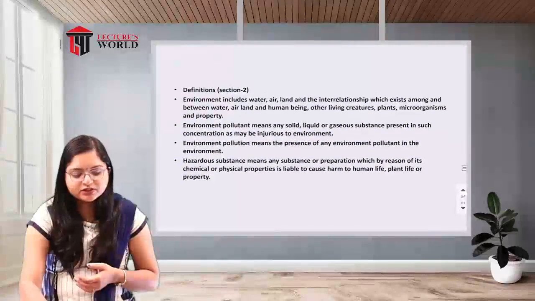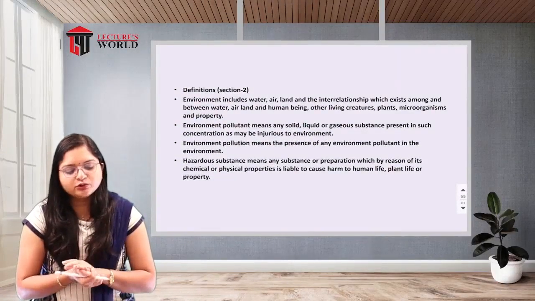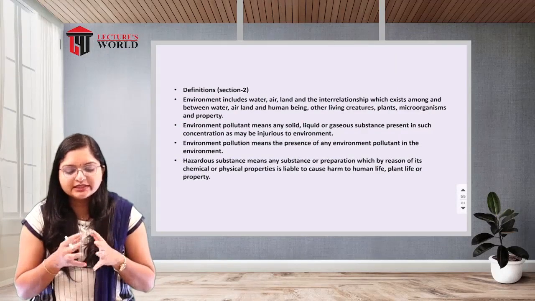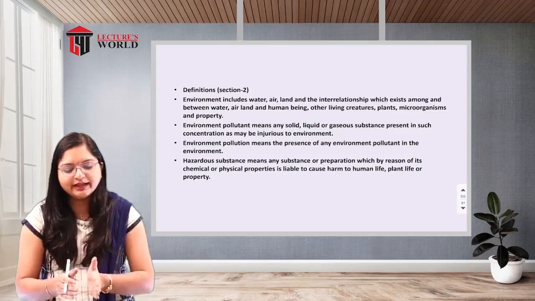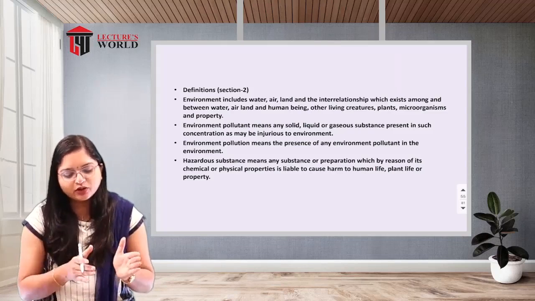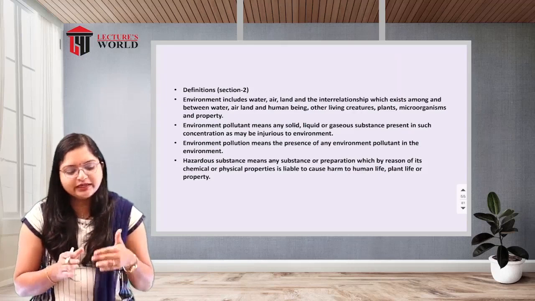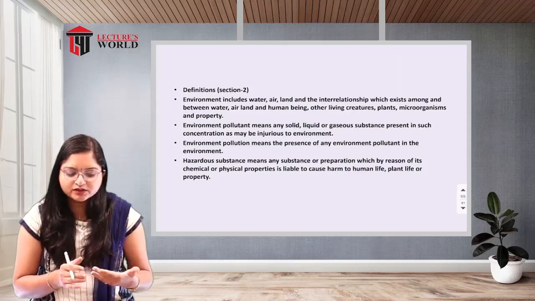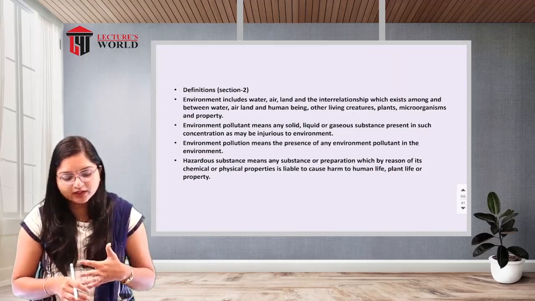So the definitions in section 2 are: environment includes water, air, land, and the interrelationship which exists between the water, air, land, and human beings, other living creatures, plants, microorganisms, and property. Environmental pollutant means any solid, liquid, or gaseous substance present in such concentration as may be injurious to the environment.